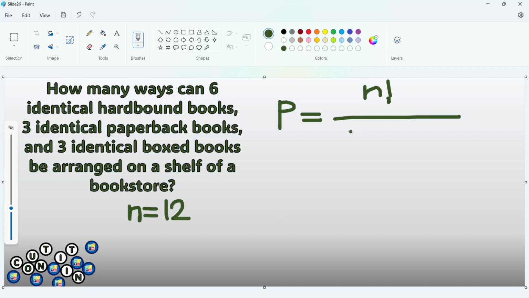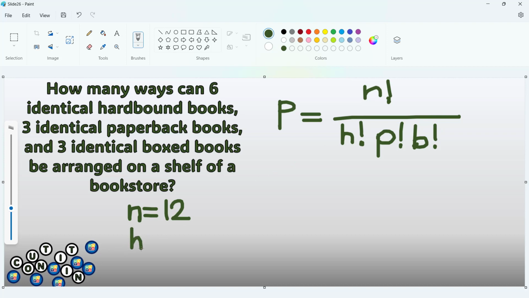Our denominator talks about the number of permutations for each kind of identical objects. We have 6 hardbound books, so we use H for hardbound, H factorial. For our paperback books, let's use P. Then we have the boxed books. This is the formula for the permutations of n objects with identical items.